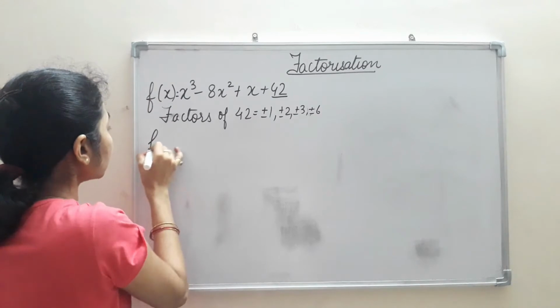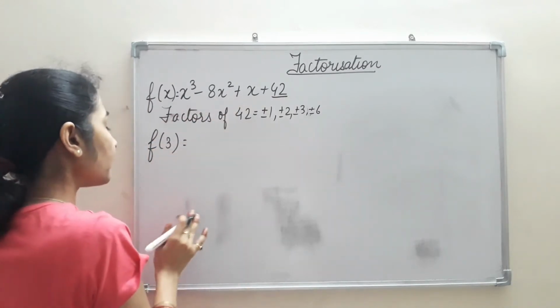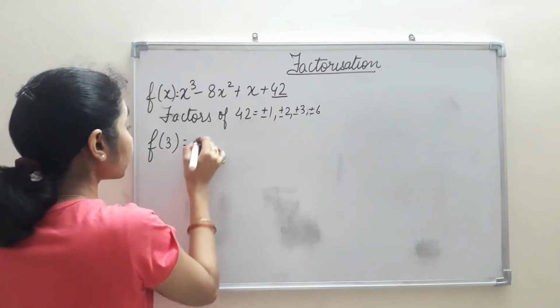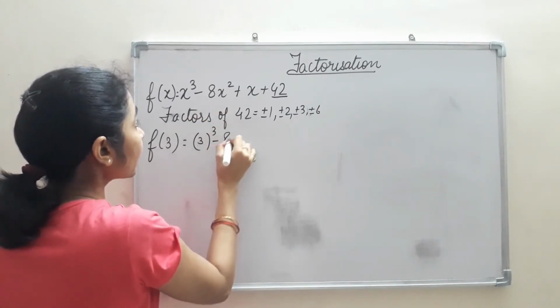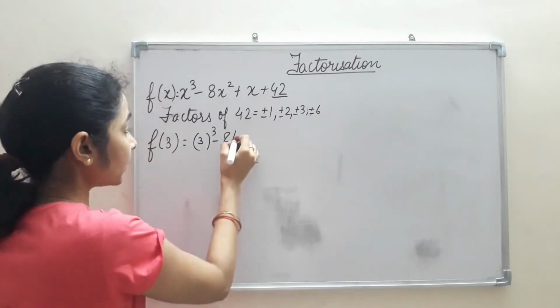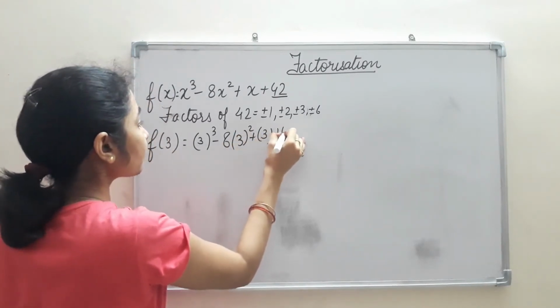So taking the function of 3, substituting the value 3 everywhere. x raised to the power 3 becomes 3 raised to the power 3, minus 8 x square, that means 3 square, plus x, that means 3, plus 42.